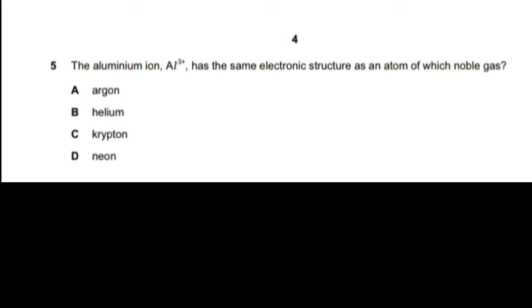You have to find which noble gas has the same electronic configuration as Al3+. Helium, neon, argon, krypton. You know the atomic number of aluminium is 13. It contains 13 electrons. Al3+ means 3 electrons less. Atomic number of aluminium is 13, so Al3+ has 10 electrons.